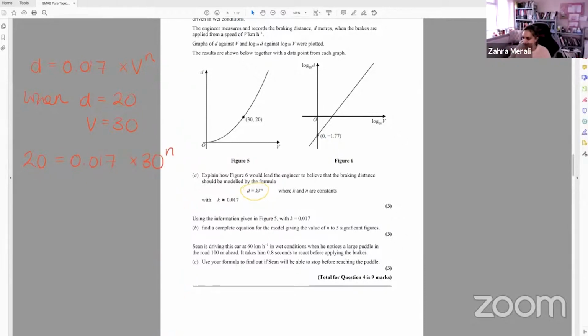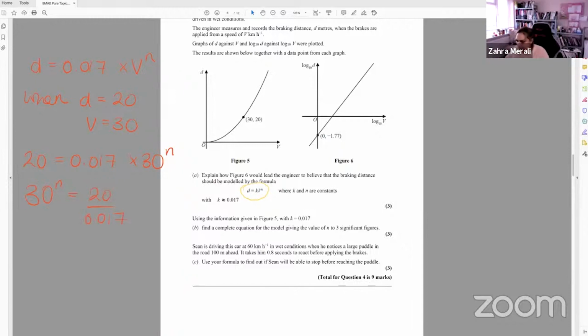We can do 20 divided by 0.017. So, I should say, 30 to the n equals 20 over 0.017.